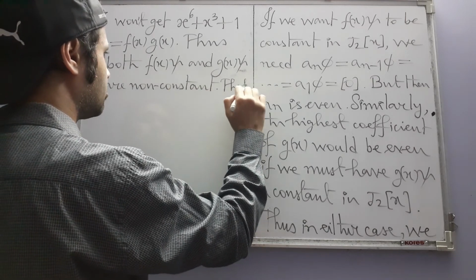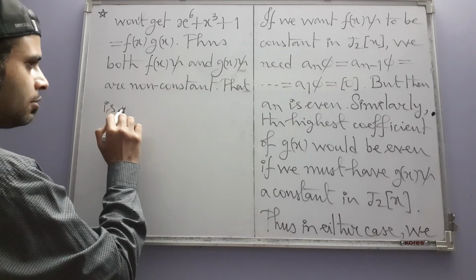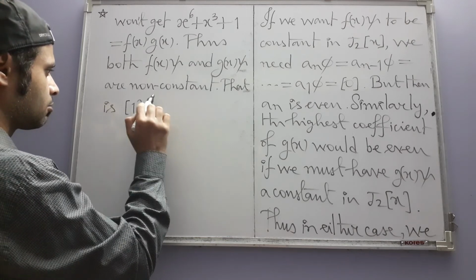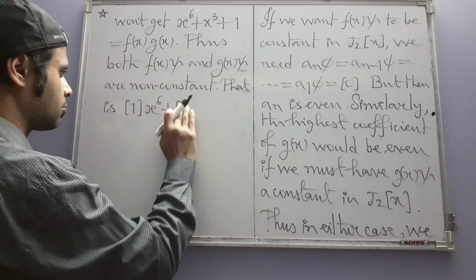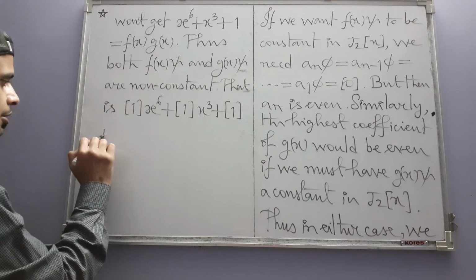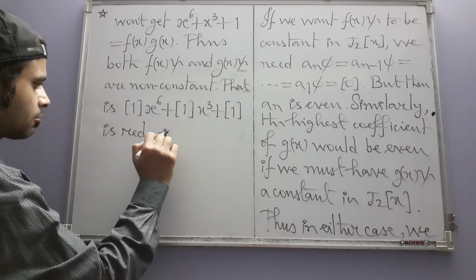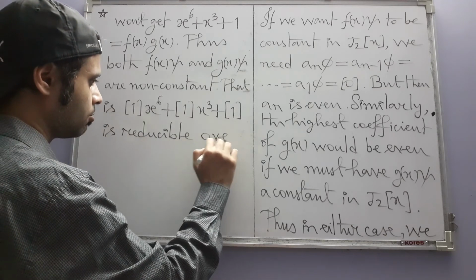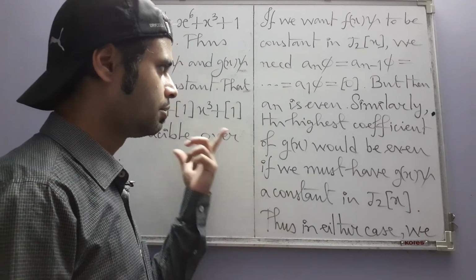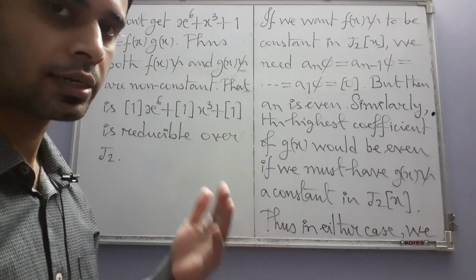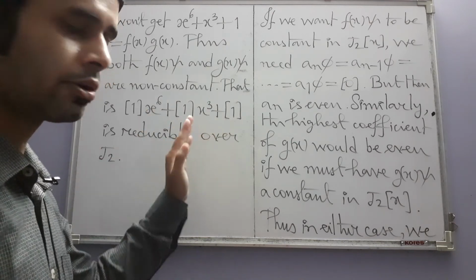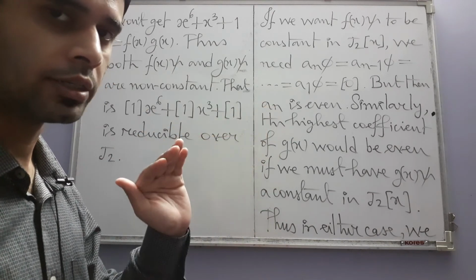That is, this is reducible over J2. So the reducibility of our original polynomial over Q, that supposition led us to the reducibility of our original polynomial over J by the corollary to Gauss lemma.